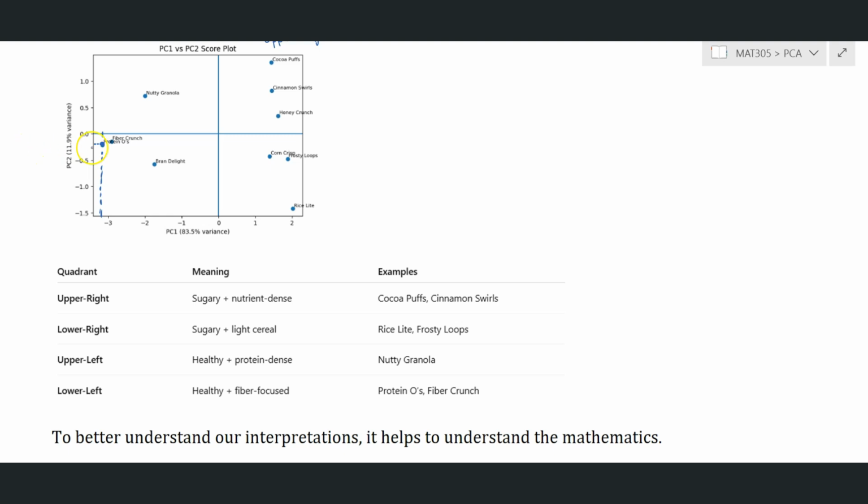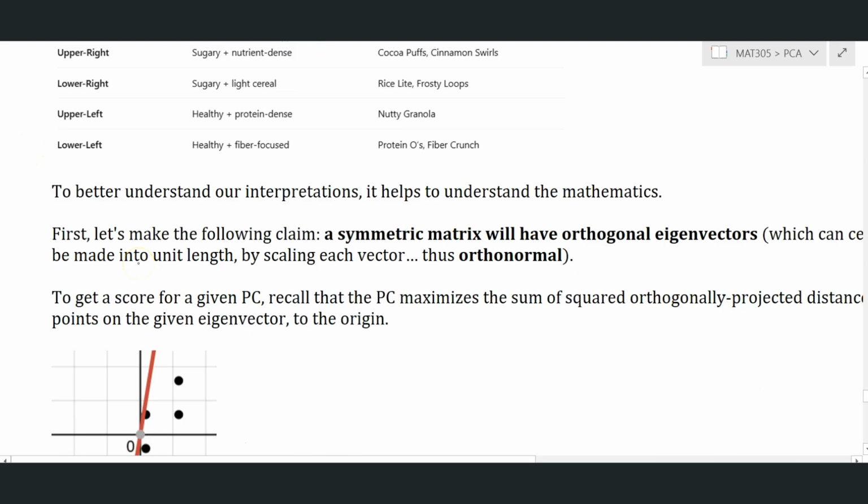Well, why does this make sense? Why can we describe it this way? Well, it turns out that there's a very intuitive mathematical answer once we get past a little bit of mathematics to understand how these scores are calculated. Okay, so let's make the following claim. If you have a symmetric matrix, which we do, remember that covariances, correlations, whether you talk about variable 1 compared to variable 2 or variable 2 compared to variable 1, you get the same answer.